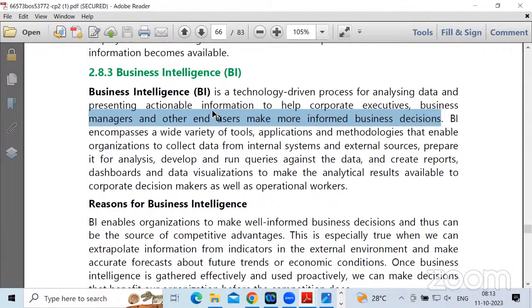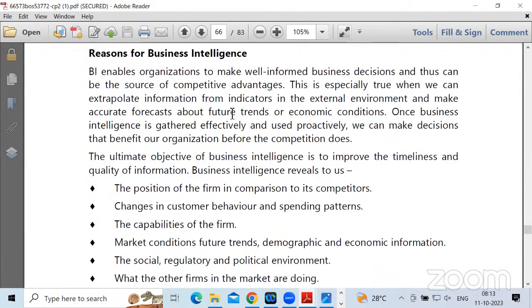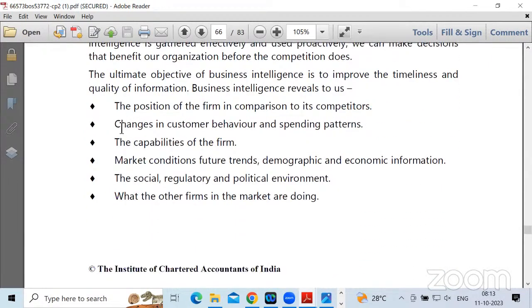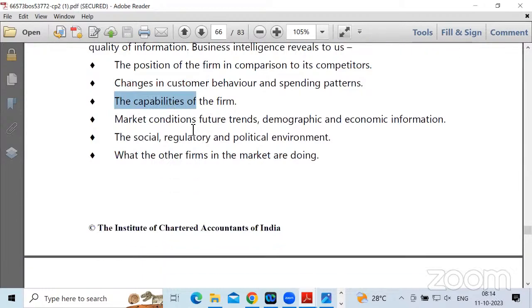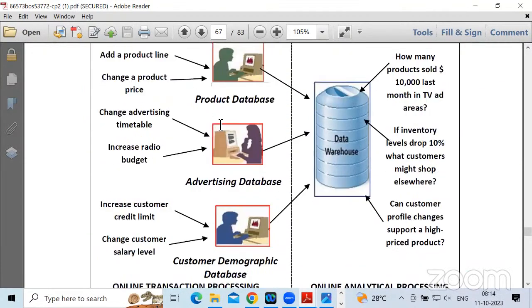You are expecting the sales of cylinder or the gold or the petrol is increasing. Suddenly what you do, you purchase more stock, more items, and you keep it in stock. Business intelligence. So reasons like positions, the firm changes, the customer behavior, capital of the firm, market conditions, social groups, all these things are self-explanatory.